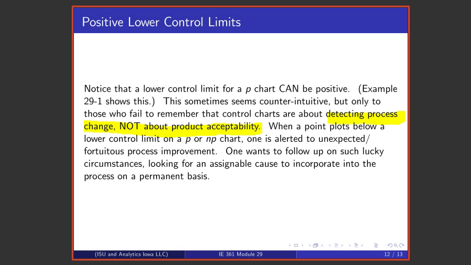And one would like to follow up and know why that happened. And so one needs to be alerted to that. And that's exactly what a positive lower control limit on a p-chart does for one. It allows one to follow up on surprisingly small values of p-hat or of x.